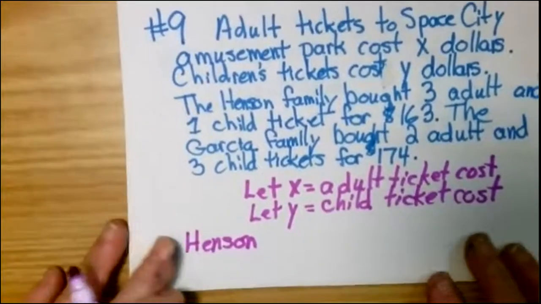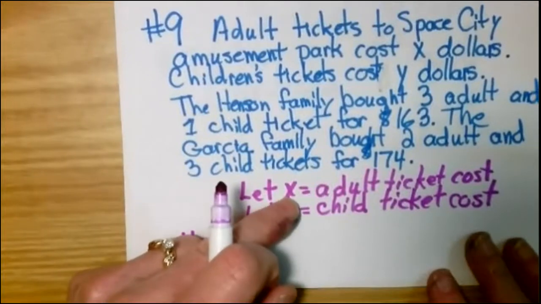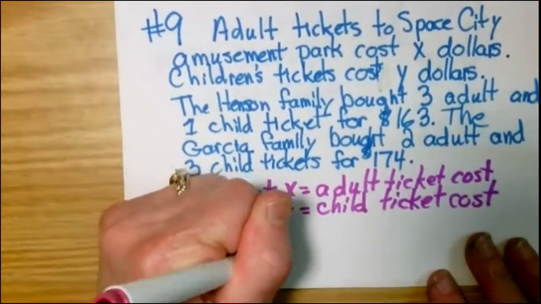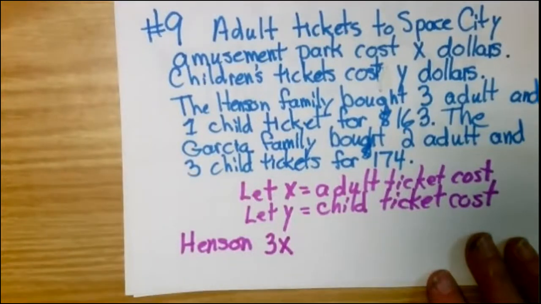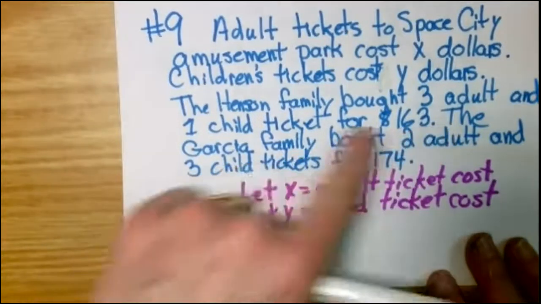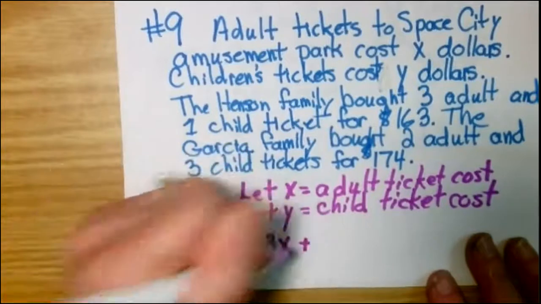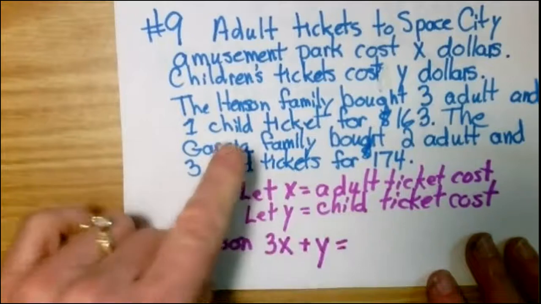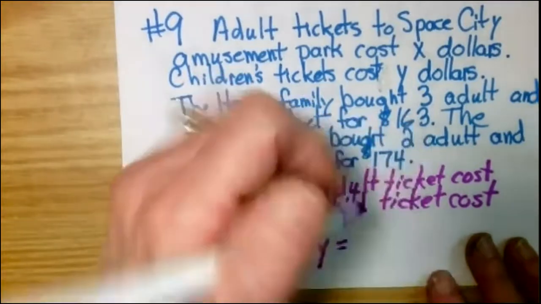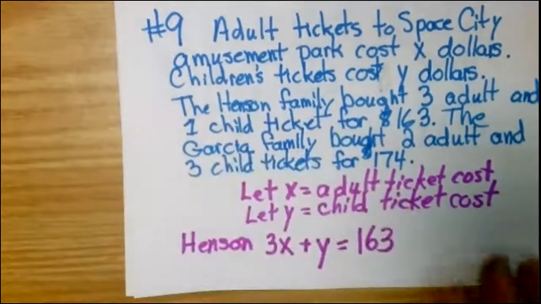Henson's cost, this is their cost, right? Times 3 adult tickets, right? And they bought 1 child ticket, 1 Y or just Y. And altogether they spent $163.